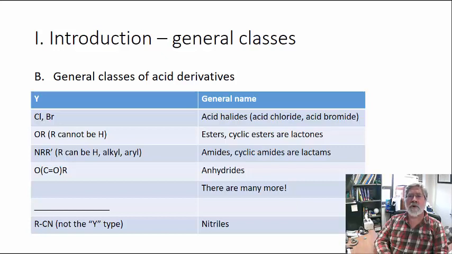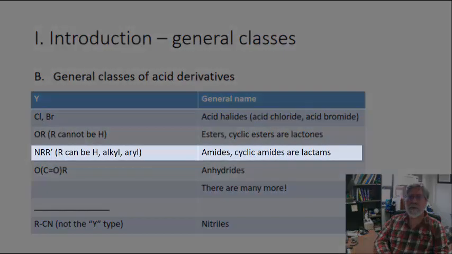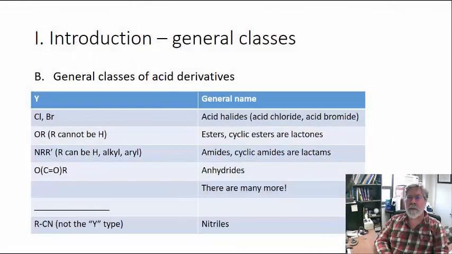The Y group could contain a nitrogen, and remember that nitrogen is a trivalent atom, so if one of the bonds to the nitrogen is taken up by being bonded to the carbonyl, that leaves two valences that need to be occupied by something. In this case it's written as NR R prime, and in parentheses it says that R can be hydrogen, an alkyl group, or an aromatic group.